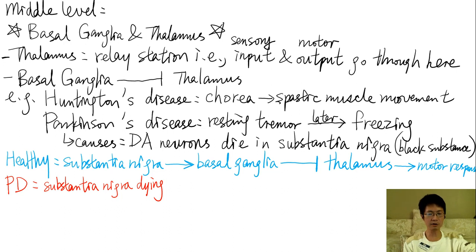Well, the substantia nigra is a structure made up of dopaminergic neurons. Basically, this is what it means. And then when the substantia nigra is dying, you don't have enough dopaminergic neurons, then what will happen to the excitation here? It will weaken the excitation to the basal ganglia.